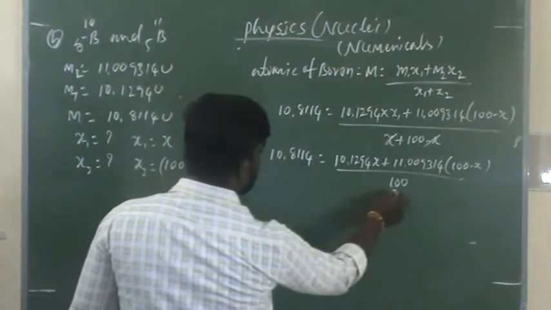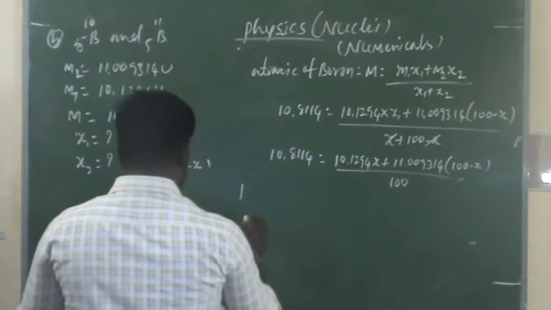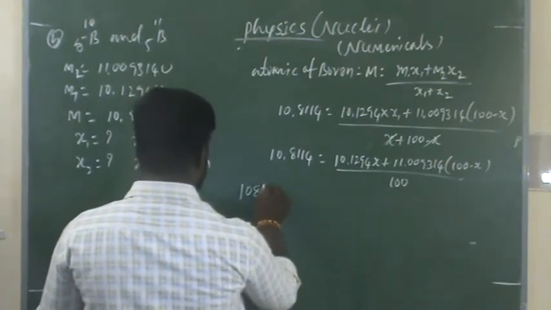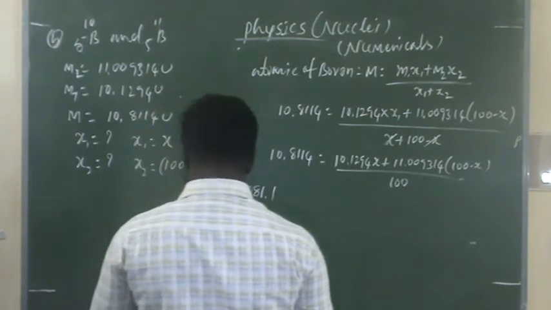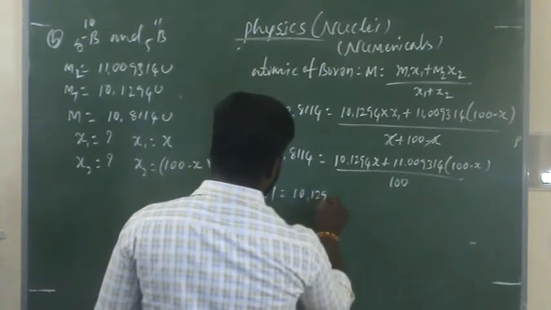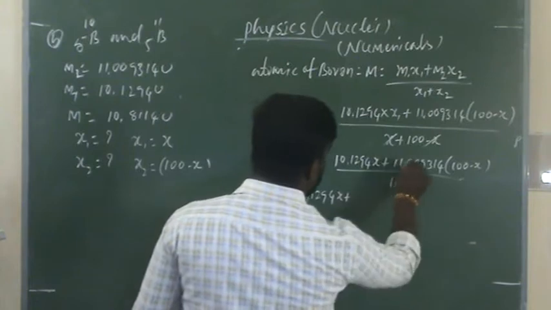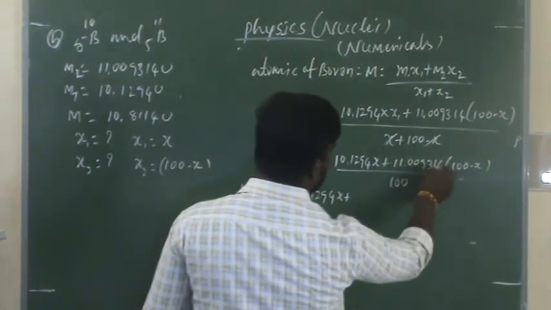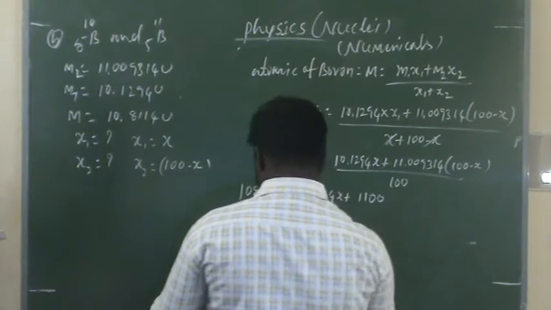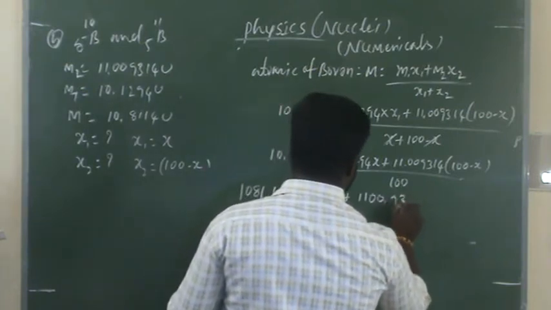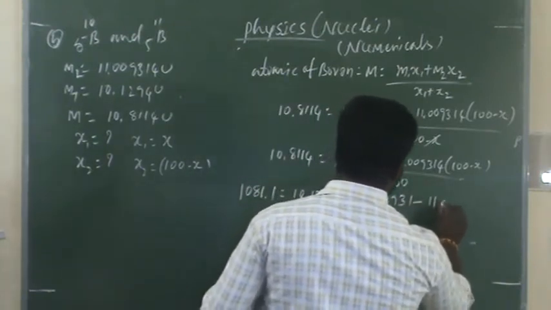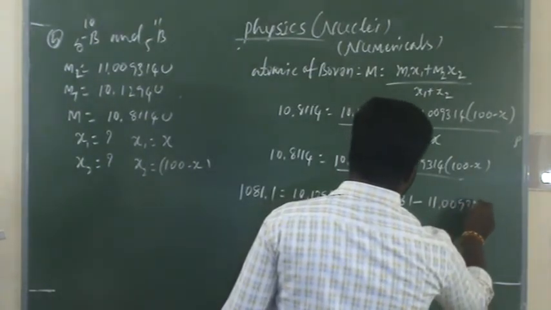Cross multiplication, 10.814 into 100 equals 1081.1, which is equal to 10.1294x plus 11.0934 multiplied with 100, that is 1100.931, minus 11.00931x.